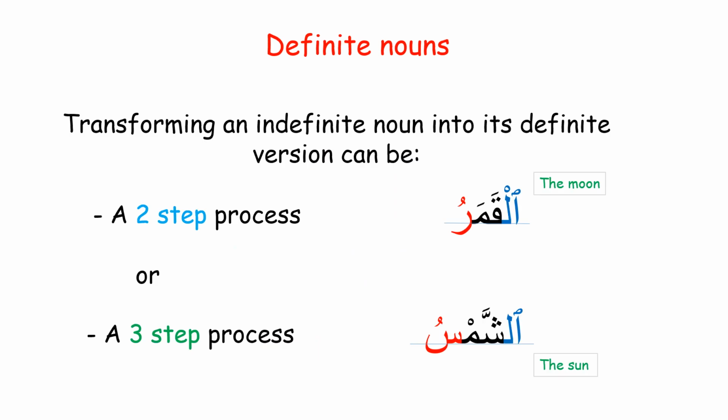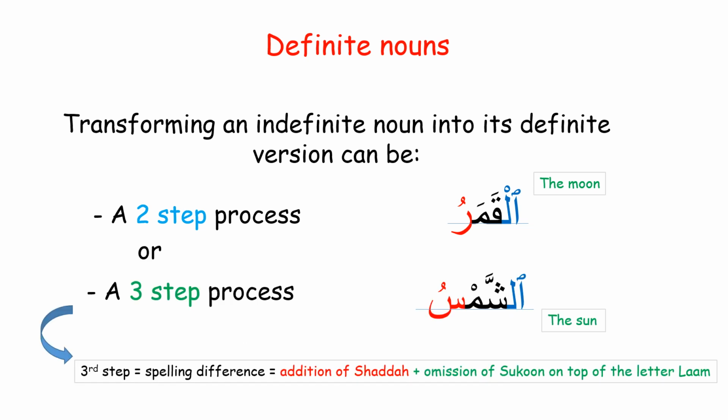So again, making a definite noun can either be a two-step process, just like the word al-qamaru, or a three-step process, just like the word ash-shamsu. And the third step is nothing but the addition of the shaddah and the omission of sukoon.